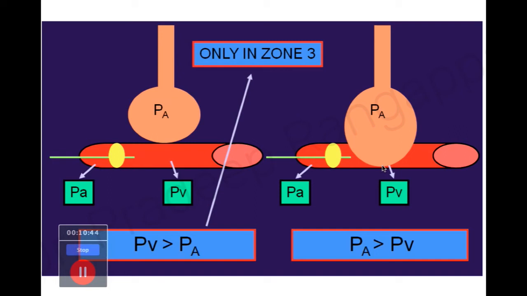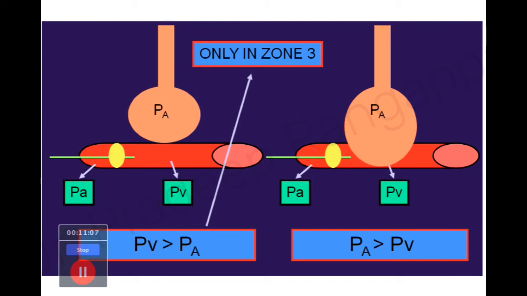So the pressure that gets reflected is alveolar pressure rather than the left atrial pressure, which should be the case. See, here it is reflecting the left atrial pressure because it is in continuation with the pulmonary artery, which is a reflection of the pulmonary vein which leads to the left atrium. Okay, so that is our understanding.